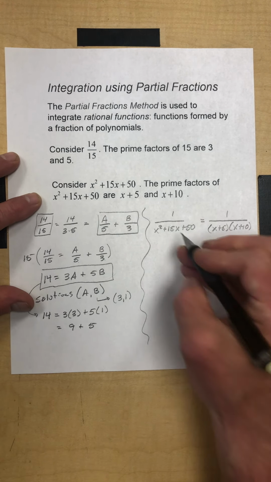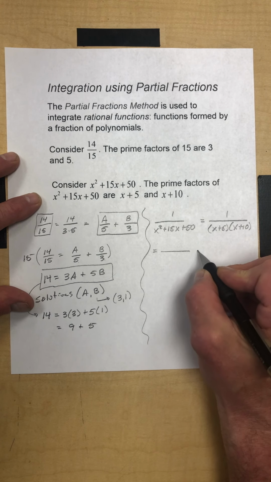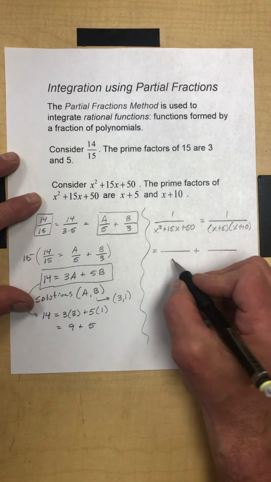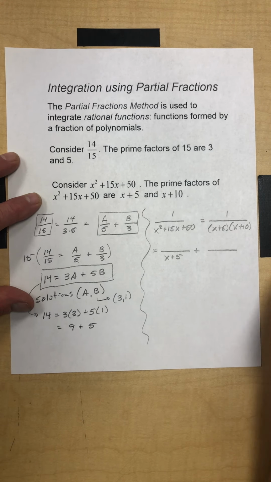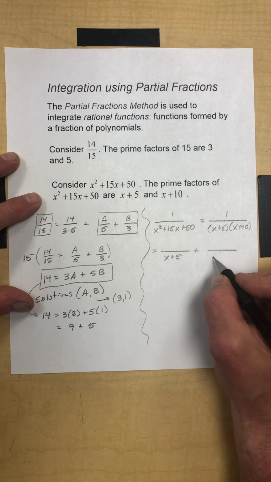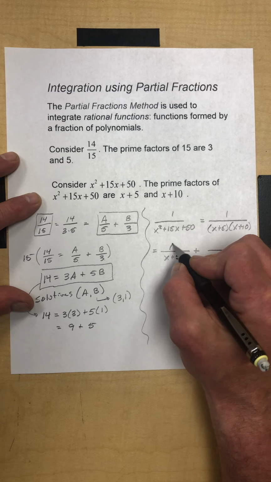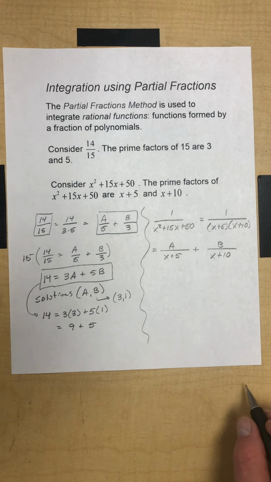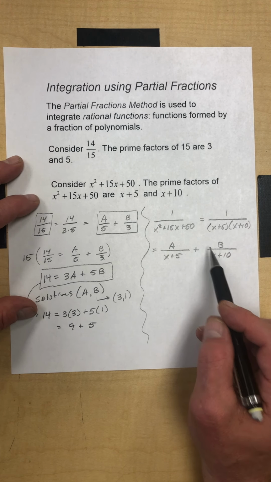This can be expressed as a sum of 2 fractions where one fraction has one prime factor and the other fraction has the other prime factor as their denominators, and then it's going to have some constant a and some constant b. So you can see how this method would be really helpful in integration.